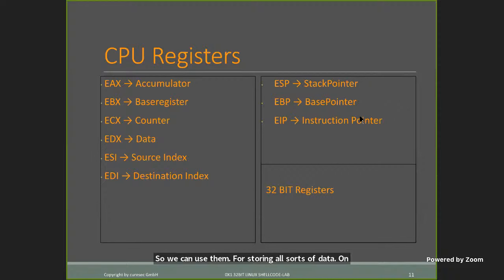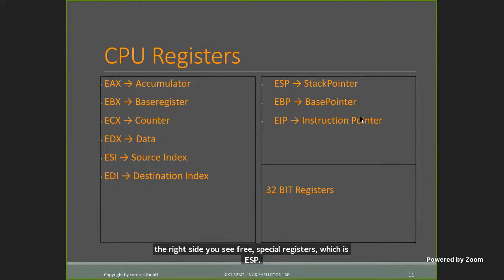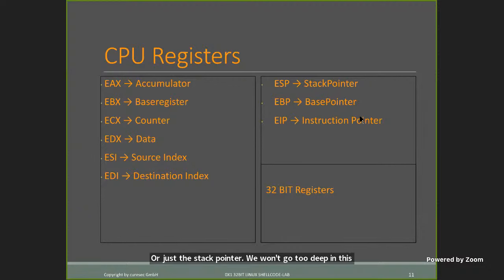On the right side, you see 3 special registers, which is ESP, the stack pointer. We won't go too deep into the stack pointer in this cast. If you don't know what a stack is, just imagine the stack as something where you can store data, which grows or moves in a certain direction.